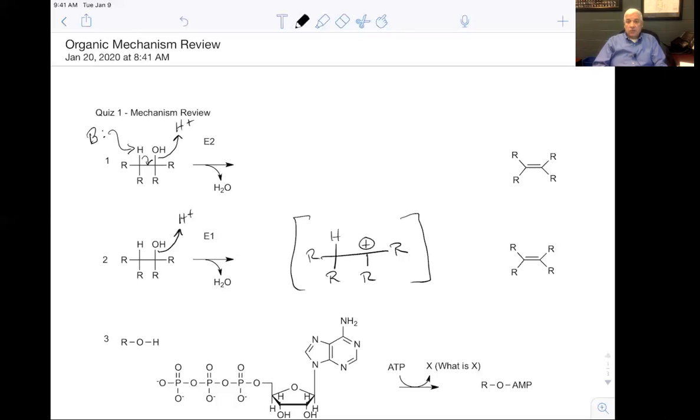Now that is high in energy, and this high energy state must be stabilized by the enzyme. The second movement will be a base, again a side chain most likely, and it will deprotonate the proton and the elimination will occur and lead to the product. So E1 and E2 is about what happens first. Is it deprotonated first or does the leaving group leave first?